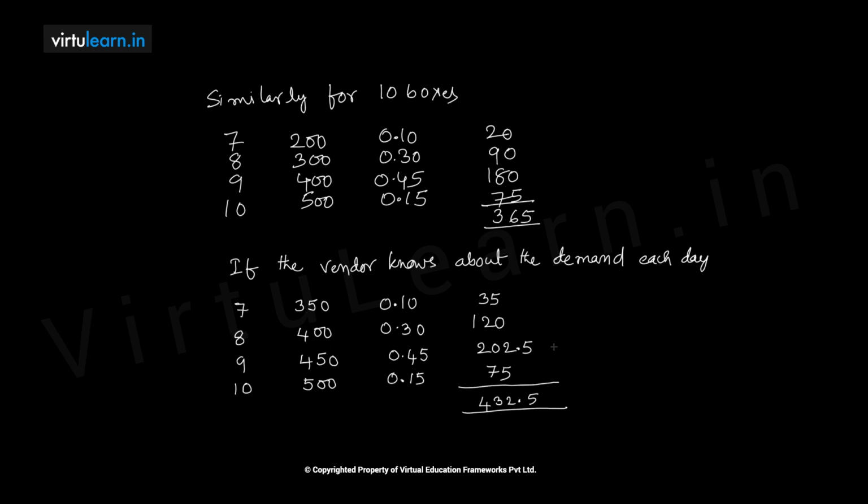So based on the data, the vendor would choose to keep stock of 9 boxes, which would result in 400 rupees on an average profit. But in case if the vendor has perfect information of demand each day, then it would result on an average profit of 432 rupees 0.5.